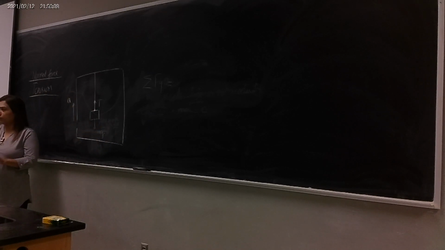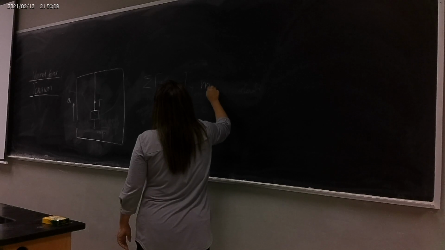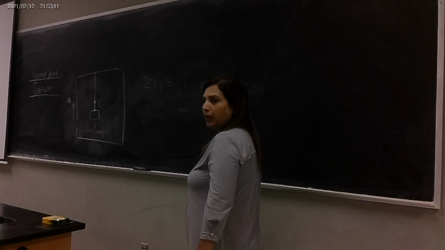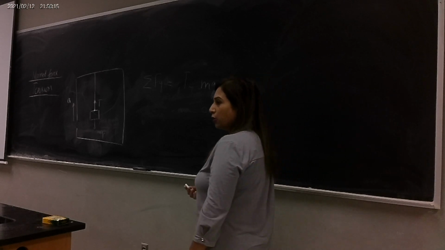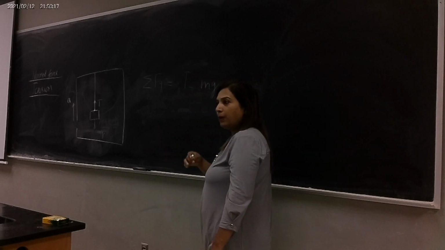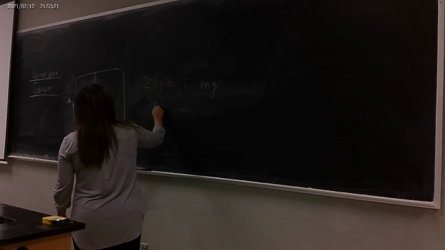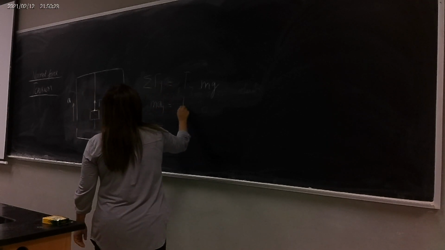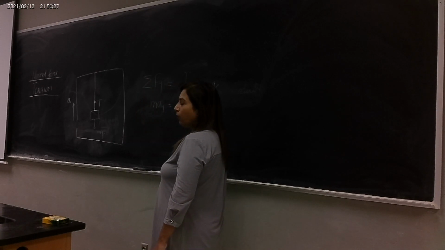No. Only vertical, right? So we have two forces. T is upward minus mg, right? We don't put a in there because a is the overall acceleration of the whole system with the mass hanging and the elevator. This is m a_y = T minus mg, right?